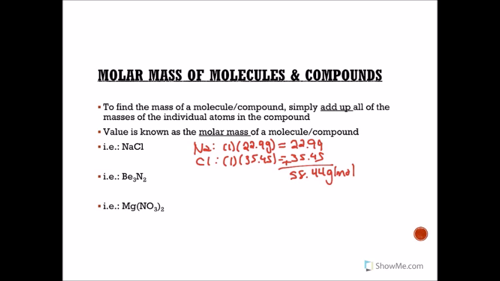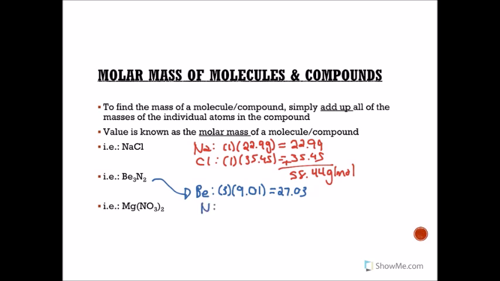For our second example here, beryllium nitride, we'd write down beryllium, and we have 3 berylliums. We take a look at that on our periodic table. Well, beryllium has a mass of 9.01. 3 times 9.01 is 27.03.